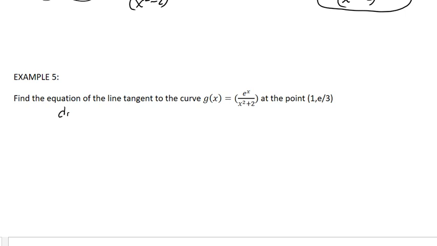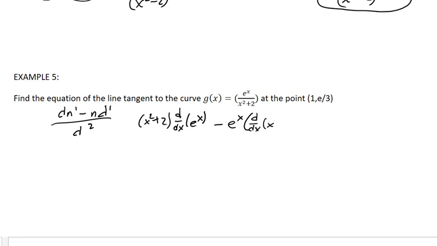So it would be x squared plus 2 times the derivative of e to the x, minus e to the x times the derivative of x squared plus 2, all over x squared plus 2 squared.